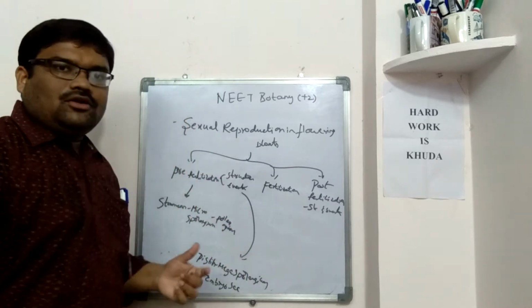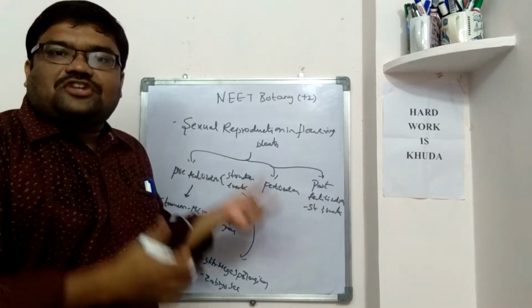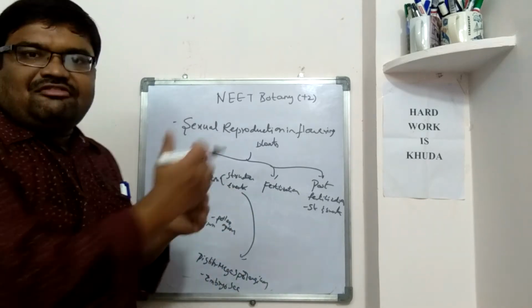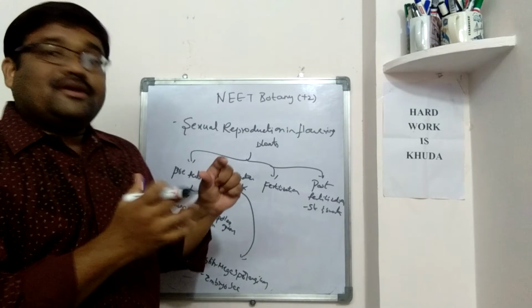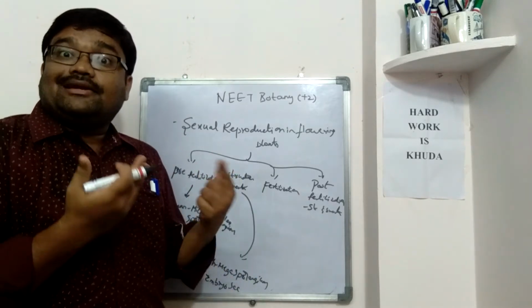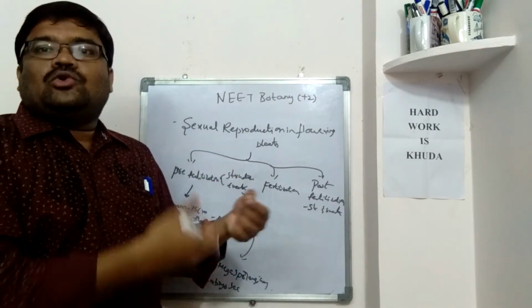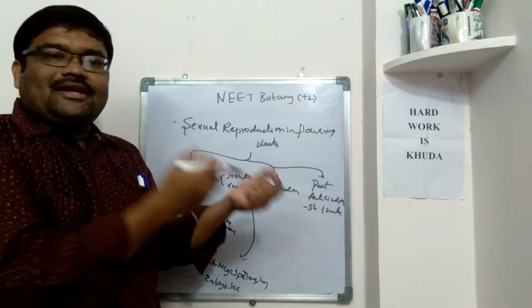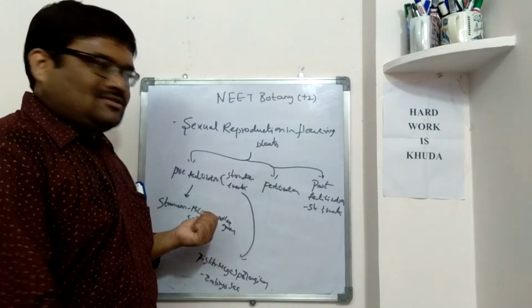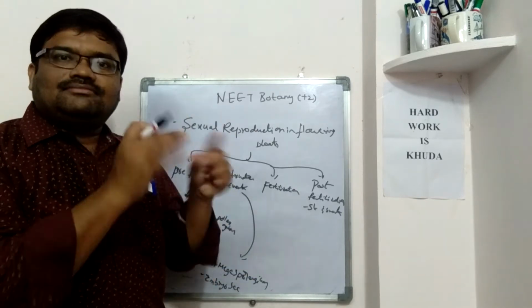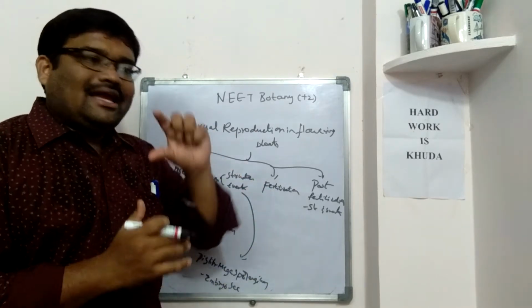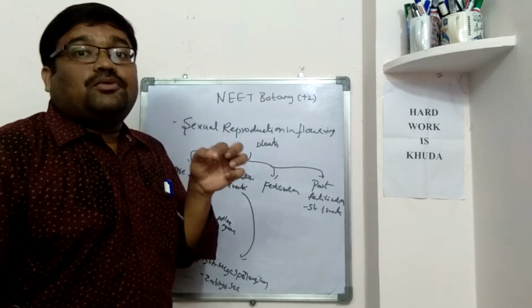Stamen, I have discussed already. Structure and events: stamen consists of filament and anther. Then microsporangium, with its different aspects, for example, the tapetum layer that nourishes the growing gametes of male sex organs. Here, pollen grains have outer layers, exine and intine, and sporopollenin. Exine is made up of a chemical called sporopollenin.